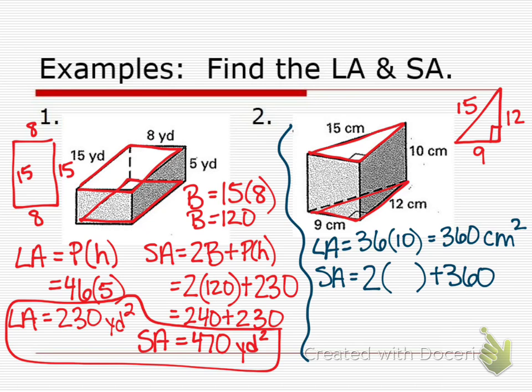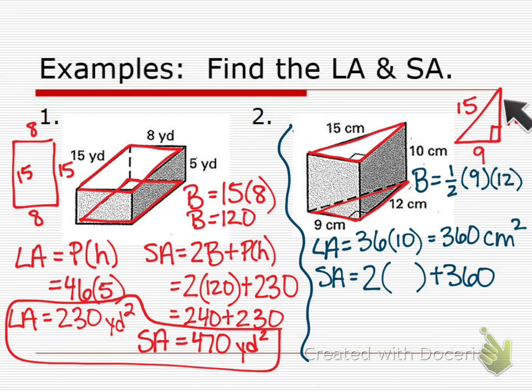Now to continue on, I need to know what my capital B is. Capital B stands for what? Area of the base. What shape does my base have? A triangle. How do we find the area of a triangle? 1/2 base times height. So for this triangle, what's my base and what's my height? 9 is my base. 12 is the height.